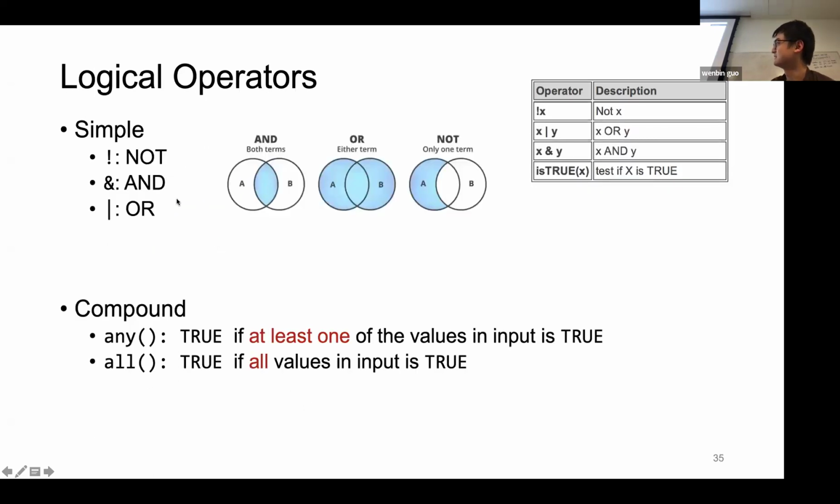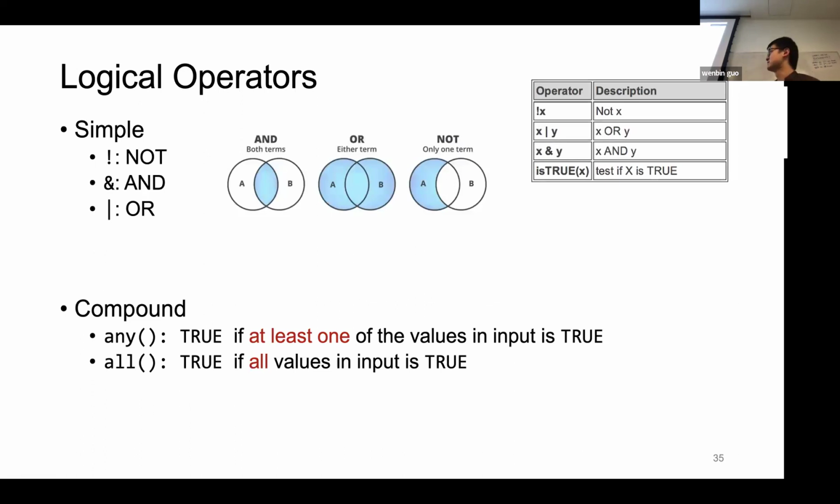Not is represented by the exclamation mark. Besides that, you have and, or. Basically, it's really simple. And I think many other languages also use these symbols.